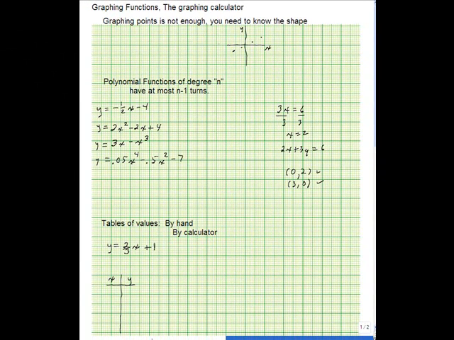Well, in the case of the solutions to this particular problem, it turns out that this is the graph of a straight line. It's a graph of a straight line that goes through y equals 2. So it looks a little bit like this.